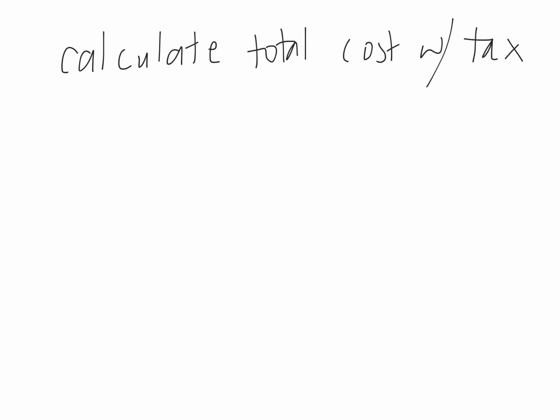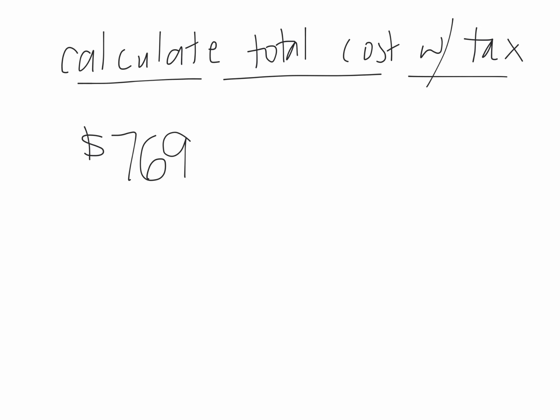I'll show you a little shortcut on how you would calculate the total cost with the tax all at once. We take the original price, and instead of multiplying it by 13%, which is 0.13, I'm going to multiply it by 1.13, because that means we're including this. 769 times 1 is 769.